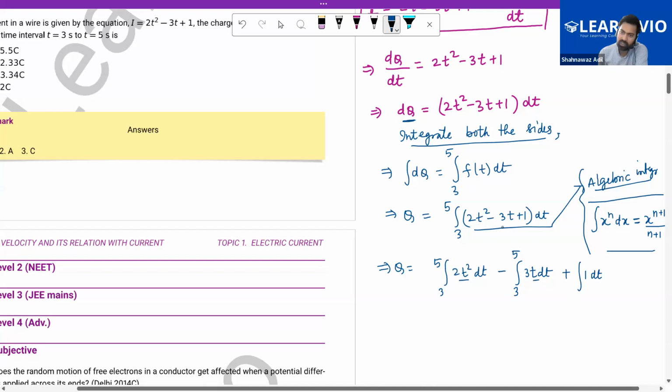So the 2 we can take outside, and this is t² dt. The 3 we can take outside, and this is t dt. And the 1 we can take outside, so this is simply dt.